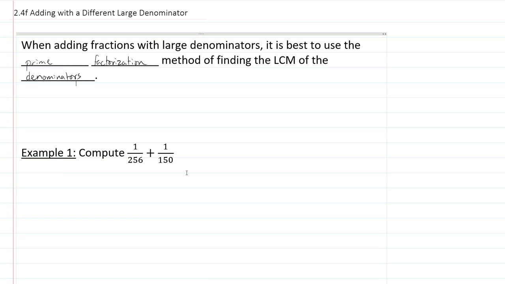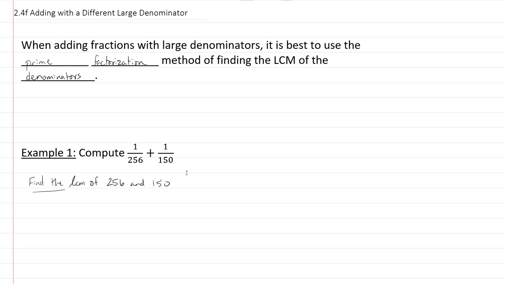So first, we have to find the LCM of 256 and 150. So we use the prime factorization method. I write out 256 and I write out 150, and I'm going to do a factorization tree for both.